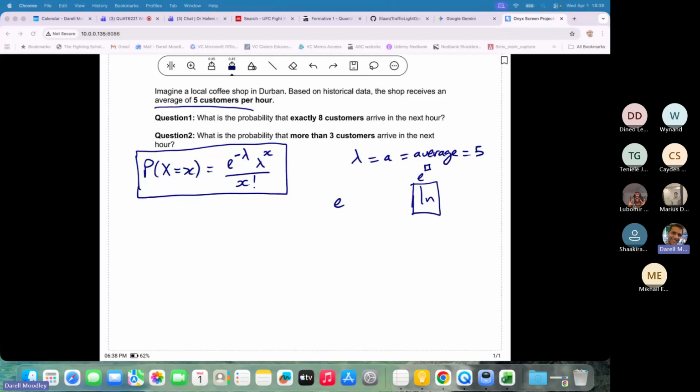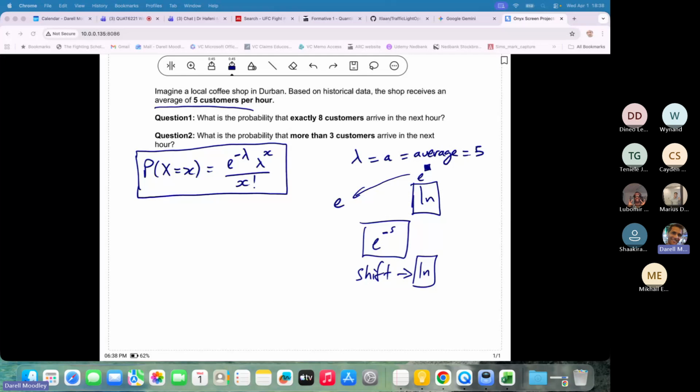That's the same thing as what you're seeing in the equation. So when you see e to the minus lambda, let's say lambda is 5. Let's say I want to work this out. What I'm going to do is press shift on my calculator, then press this ln button.